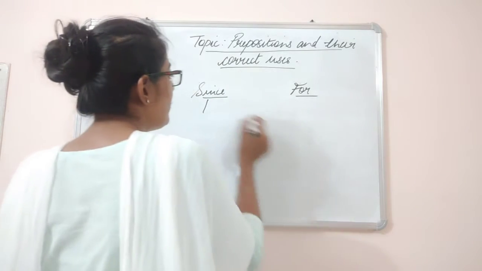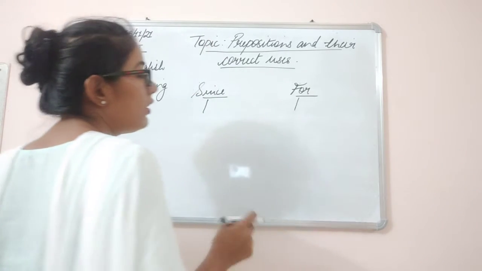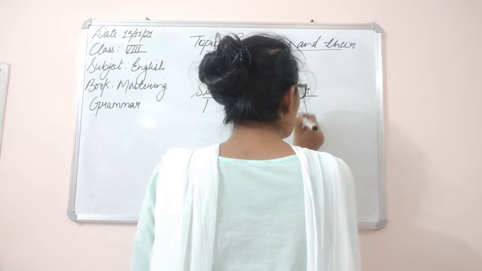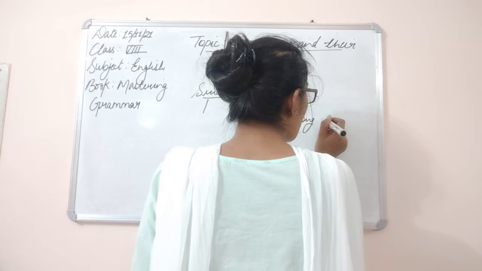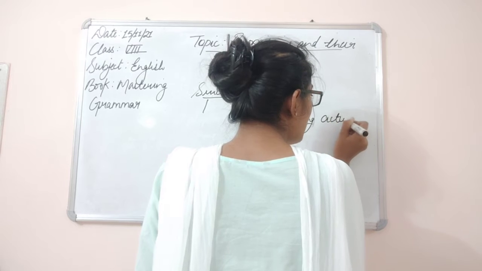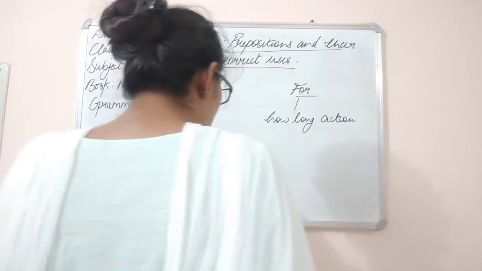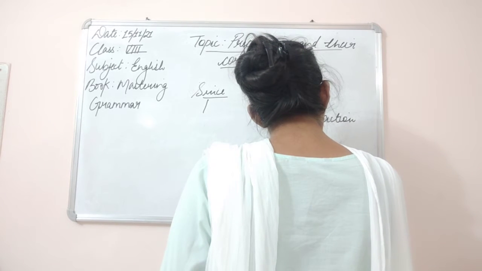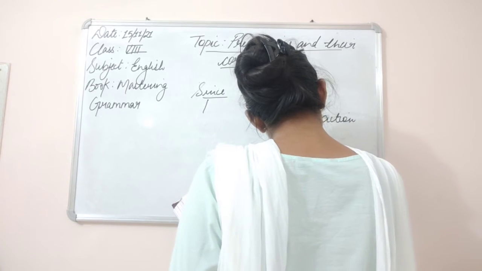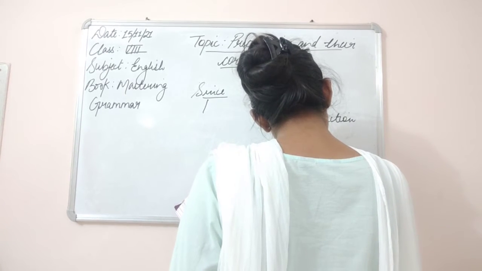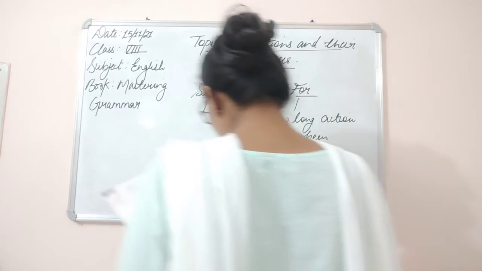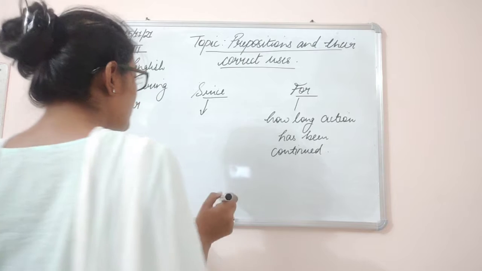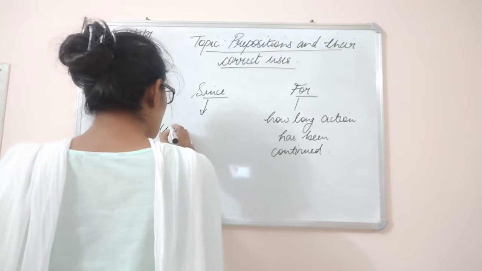The difference between since and for is that for describes how long an action has been continued, and since suggests when an action began.